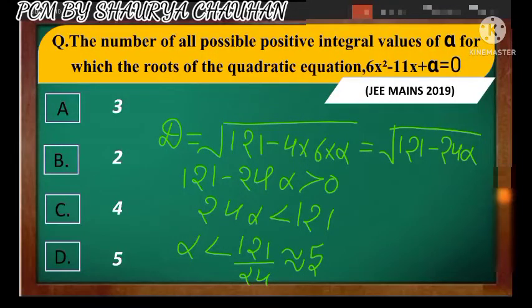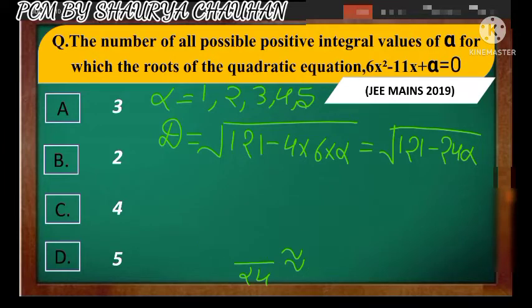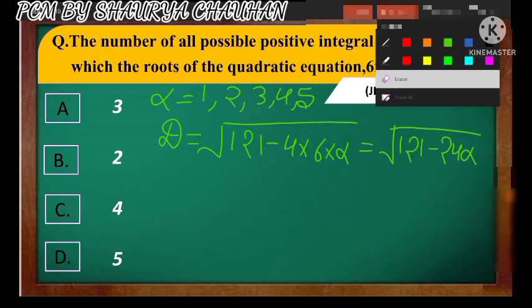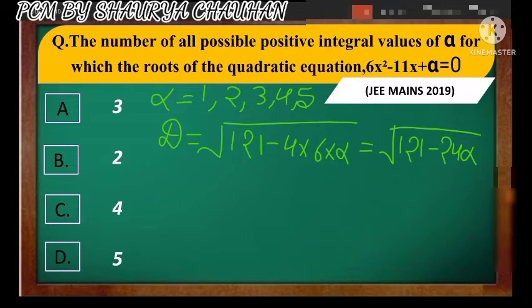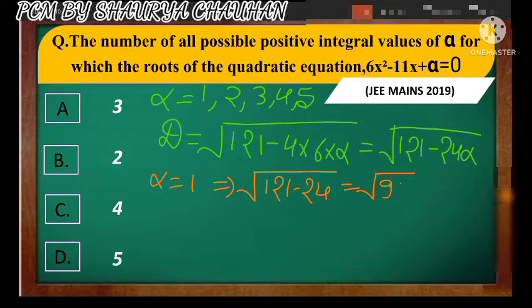So we can take the values of alpha as 1, 2, 3, 4 and 5. But for the exact values, we will check whether D is a perfect square for all or some values of alpha. At alpha equals 1, D is root over 121 minus 24, which equals root 97. It is not a perfect square.